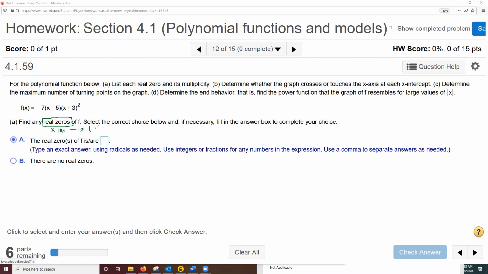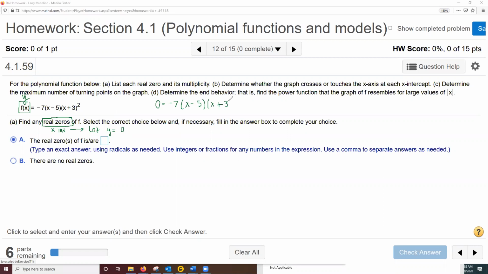That's the way you find x-intercepts. So let me take this function that they're giving us, and I'm going to replace y with 0. Of course, that means replace f of x with 0. Remember, f of x and y are interchangeable. So that means I'm going to end up with the equation 0 equals -7 times (x minus 5) times (x plus 3) squared.